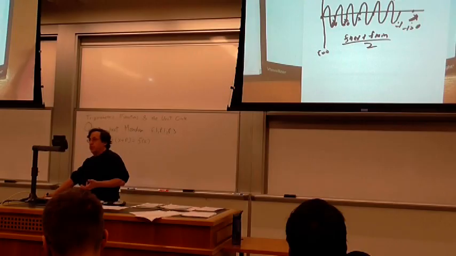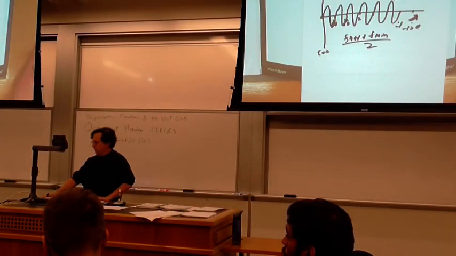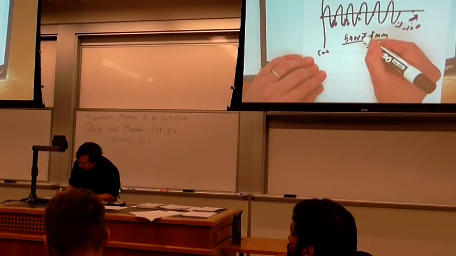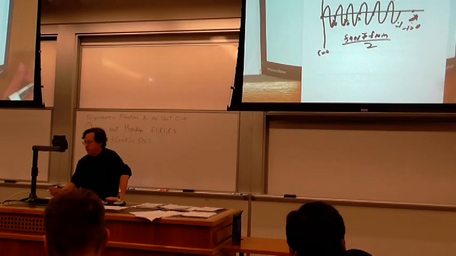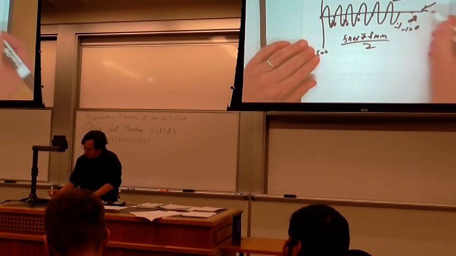So 120 minus 120 is 240. But you're saying max plus min, which is going to be 120 plus minus 120. That's the middle line, sorry. Okay, so max minus min divided by 2. And the midline, of course, is right here at 0.